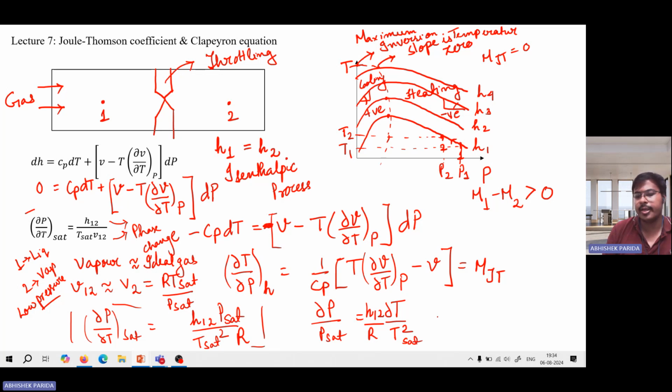And whenever you integrate, you will find that ln P2 by P1, of course these are two saturated states, is equal to H12 by R times 1 by T1 minus 1 by T2.